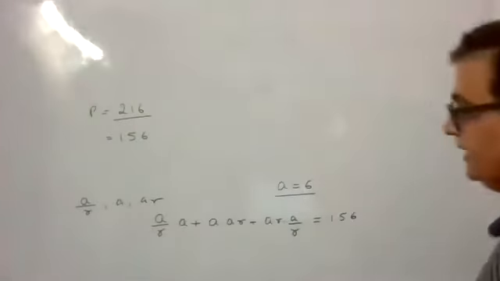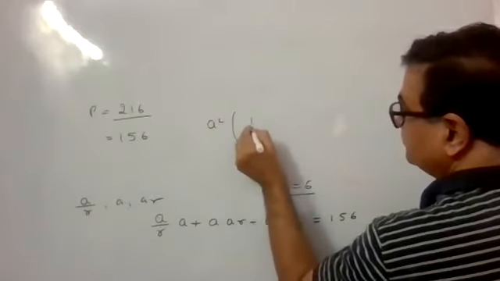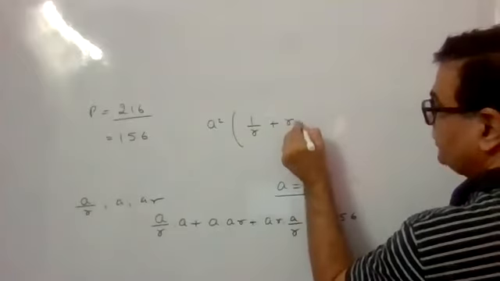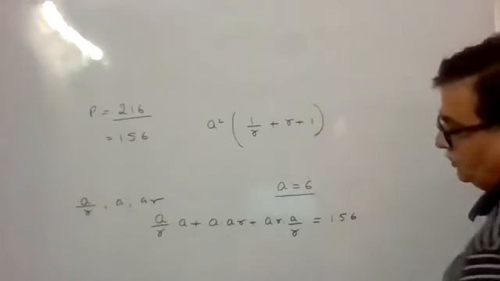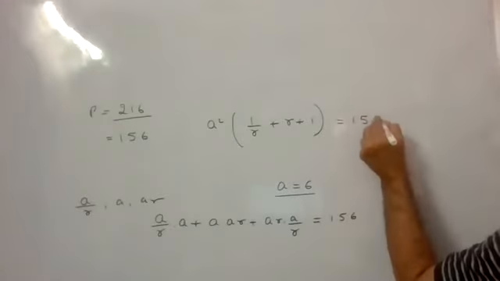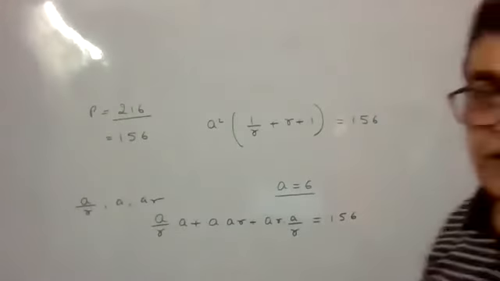In this part, A square will be common in all. Left is 1 by R plus R plus 1. A student asks: Sir, can you please explain this last step, the condition you did with A by R?